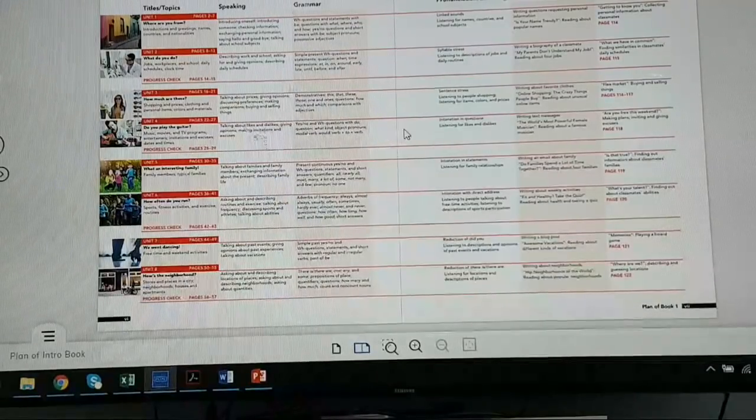Therefore, Interchange. The good news is that you will also have access to the digital version for Interchange. We call it Presentation Plus, which is going to allow you to have these interactive patterns with students with different elements.